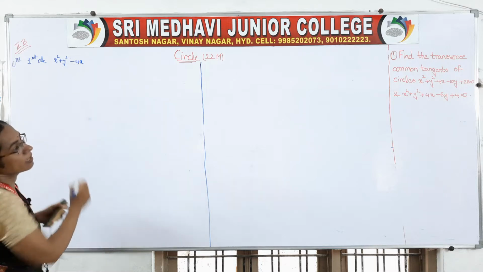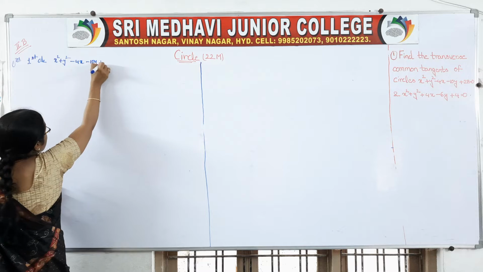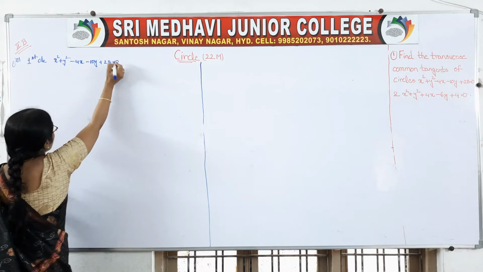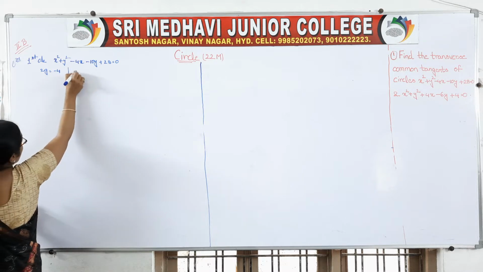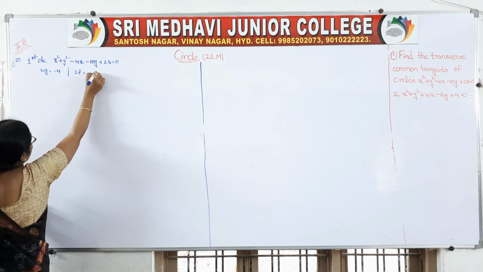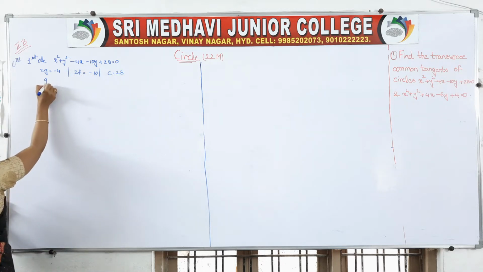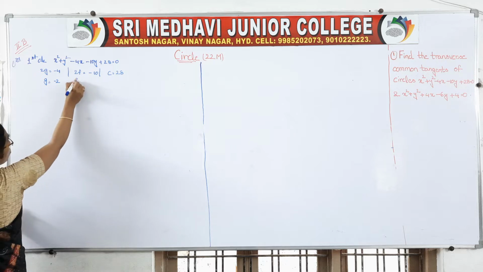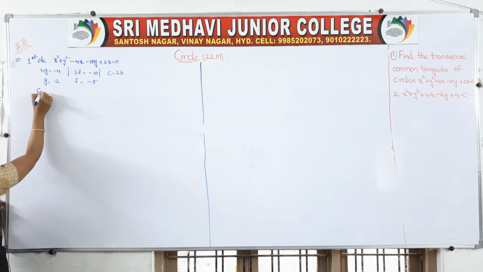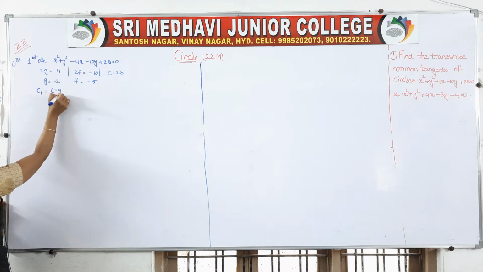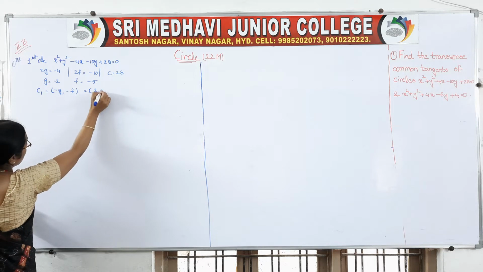Minus 4x minus 10y plus 28 is equal to 0. Compare: 2g is equal to minus 4, 2f is equal to minus 10 and c is equal to 28. So g is equal to minus 2, f is equal to minus 5. Write down your first center, that is minus g, minus f, so 2 comma 5.